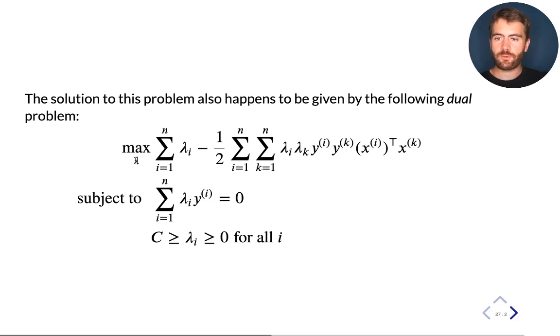It is different, though, in terms of how we perform optimization. Now we have a completely different set of variables. Now we have variables lambda, but this is still a quadratic optimization problem in lambda with some constraints.